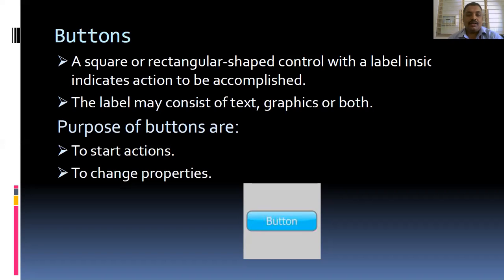And the purpose of a button is to start an action, to change properties. So, for example, once you click on the submit button, it is going to save at the back end. That means you are starting a save or submit option, which makes the backend data enter a new record. So that is the meaning with respect to the purpose of buttons.